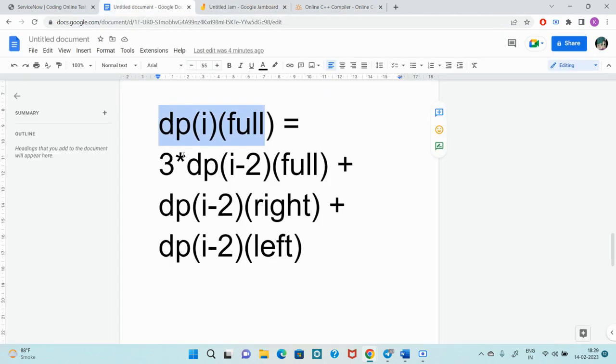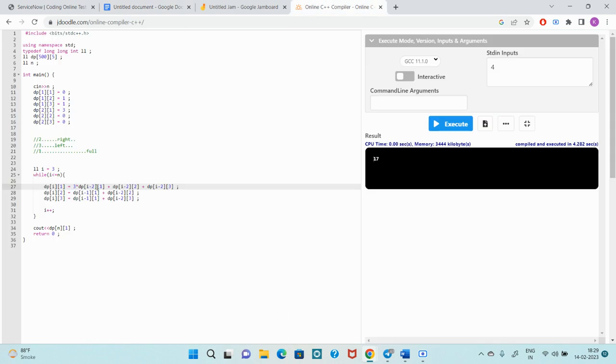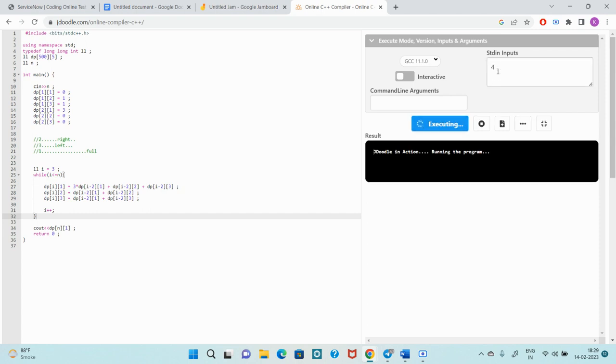So it is nothing but 3 into dp of I minus 2, 1, I minus 2, 2, I minus 2, 3. And for this the answer should be I minus 2, and for this also the answer should be I minus 2. So dp of I of 2 is nothing but dp of I minus 2, 1 and 2. For 3 it should be 1 and 3, right? Nice. And the answer should be close to dp of n of 1.